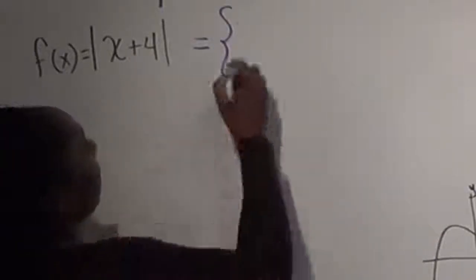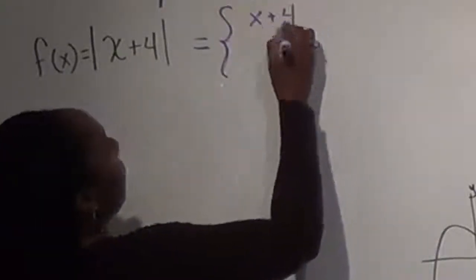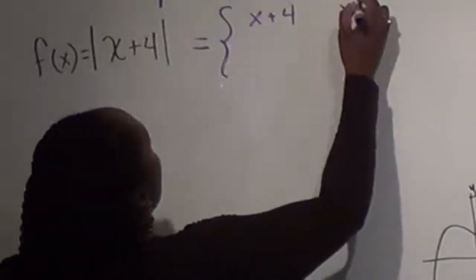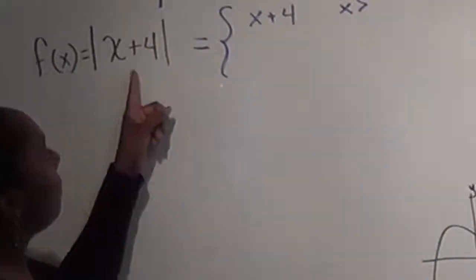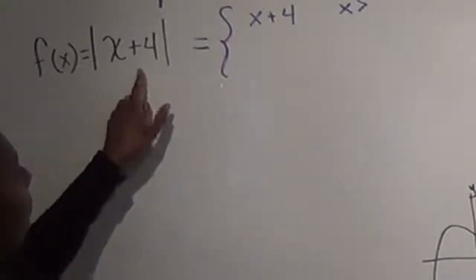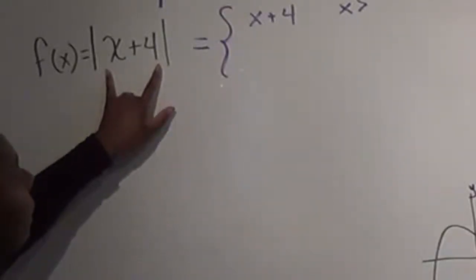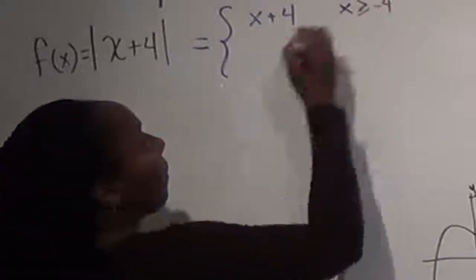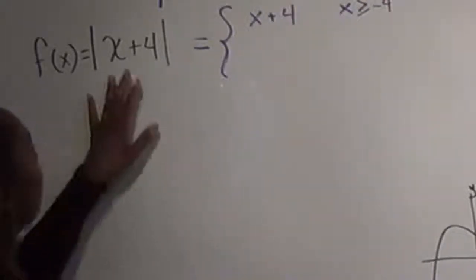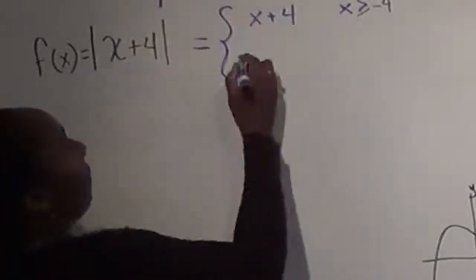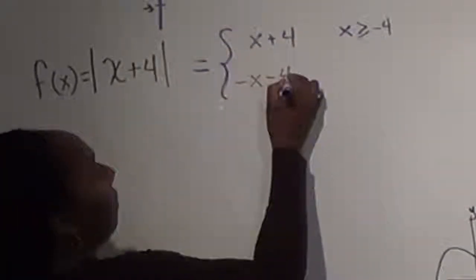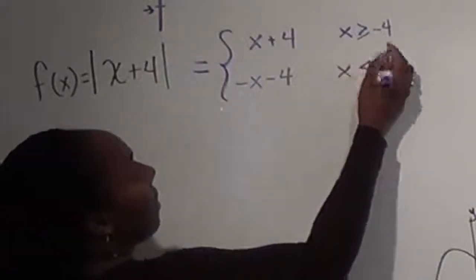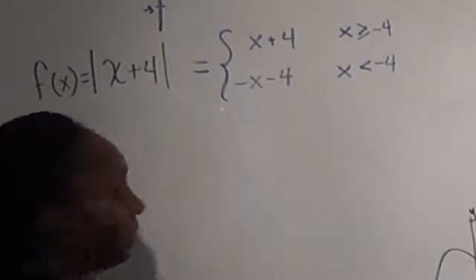It's going to be x plus 4, so the positive of that, when x is greater than or equal to negative 4, and on this side, if I take the negative of that, when x is less than negative 4.